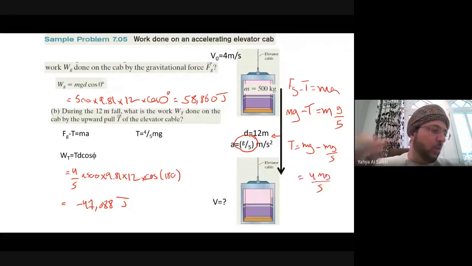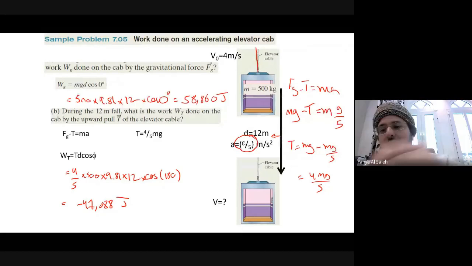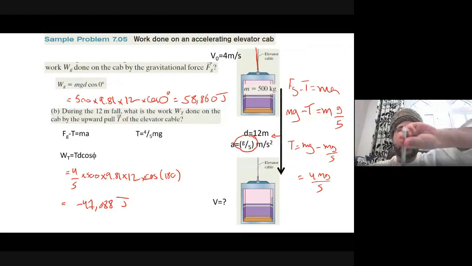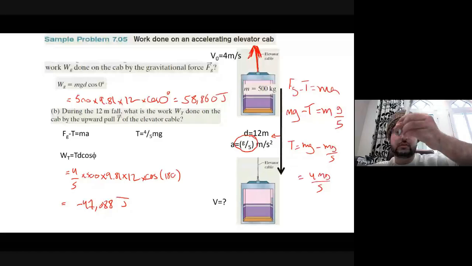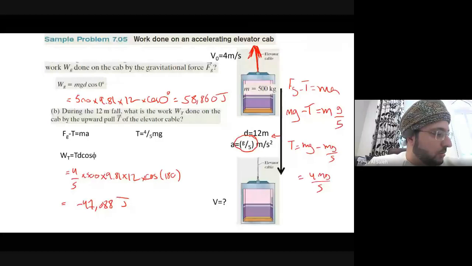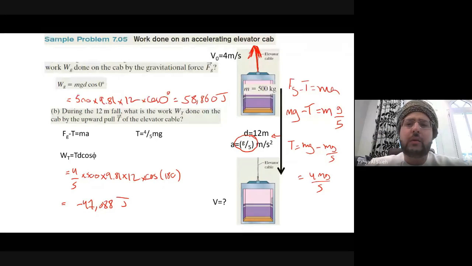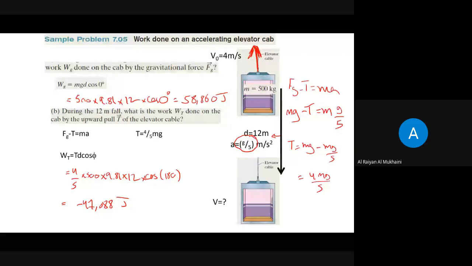Okay. Why cosine 180? Because tension works upwards. The direction of movement is down. Direction of the force is upward. So the angle between them is 180. But doctor, if it is upward, it means 90. How many degrees do you have in a half circle?